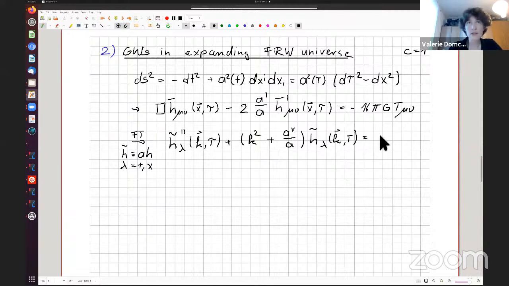On the right-hand side, I get 16 pi G T lambda. This is the energy momentum tensor, but projected into the plane of the polarization. There's some projection operator, which we're not going to discuss in detail, which takes the mu indices and projects them on the two helicities that you have.